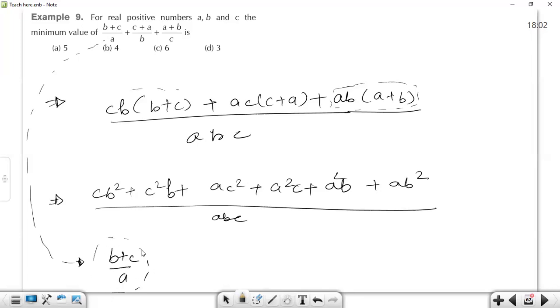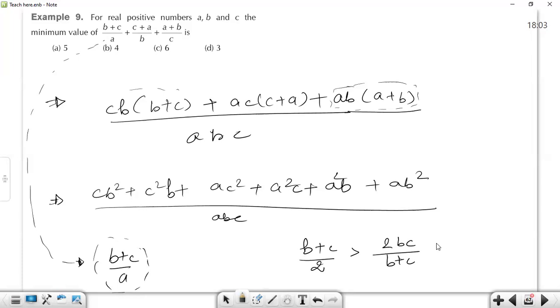If we find out its minimum value, and then apply the same method and analogy on the other three terms also, we'll be able to find its answer. So we know that b plus c divided by 2 is greater than its harmonic mean, which is 2bc upon b plus c.